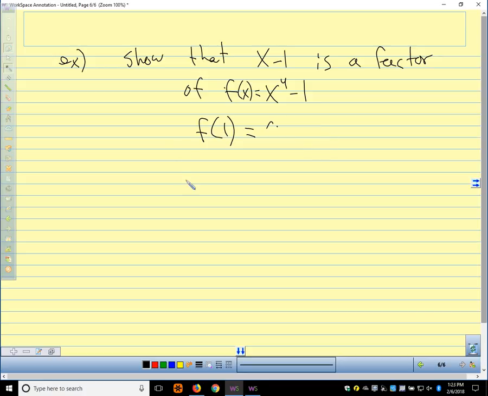Synthetic division. Well, let's set up our synthetic division. We're going to divide 1 into 1x to the fourth, 0x to the third, 0x squared, 0x, minus 1. Bring that down. Well, this is easy, right? We get 1, 1, 1, 1, 1, 1, 1, 0. Our remainder is 0.